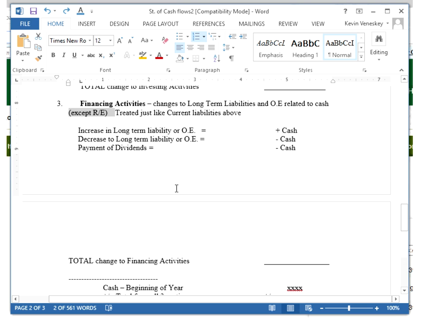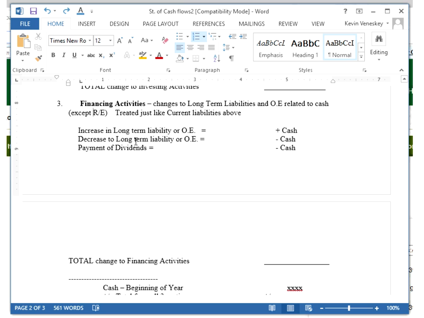I'll be able to explain more why we're not using retained earnings in class, but the short answer is because whatever's in retained earnings, we are going to have used elsewhere. Because remember, the major component of retained earnings is net income. To get retained earnings, you close out your revenue and your expenses. Well, I've already got net income up on the operating.